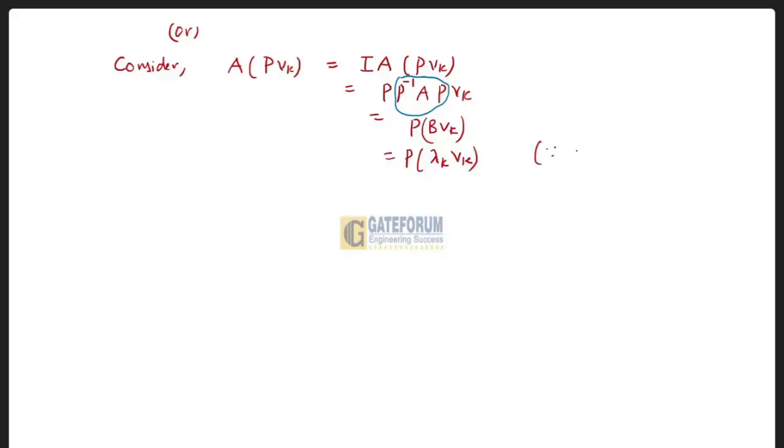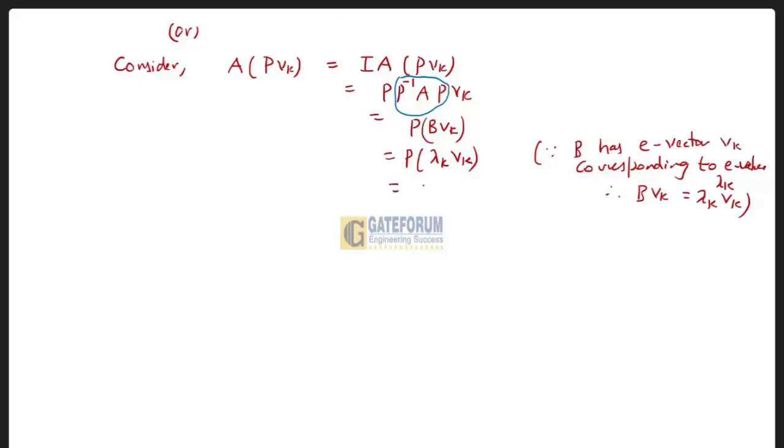Since B has eigenvector Vk corresponding to eigenvalue lambda k, therefore the relationship between matrix, eigenvalue, eigenvector is B into Vk is equal to lambda k into Vk. Am I correct? Ax equal to lambda x definition. So now this I can write as lambda k into P into Vk.